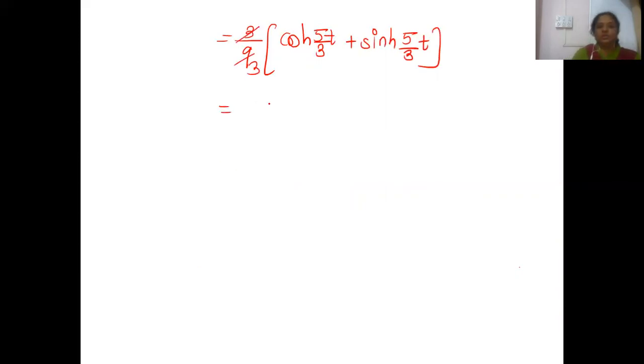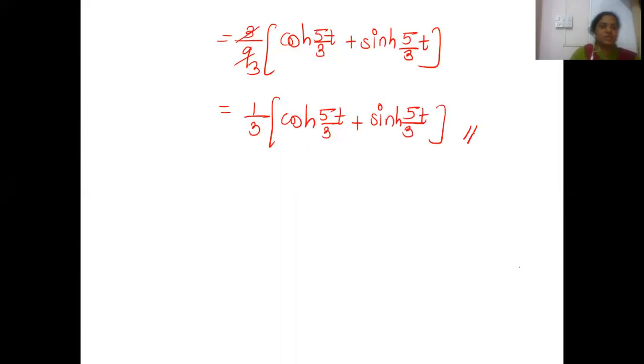You can write it if you want. That is the answer. Next, if you are done, solve the next. And those who are solving the last, if you have any problem, please ask.